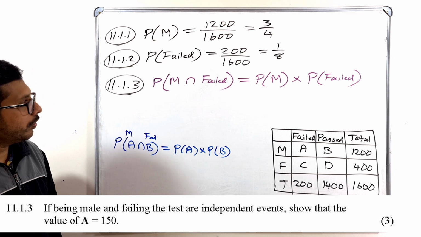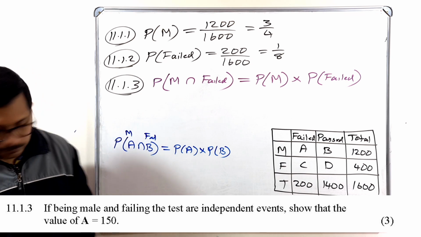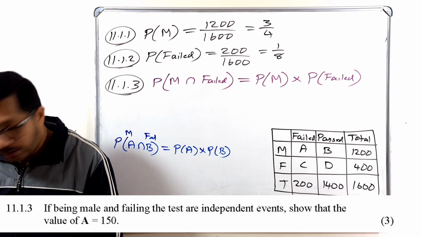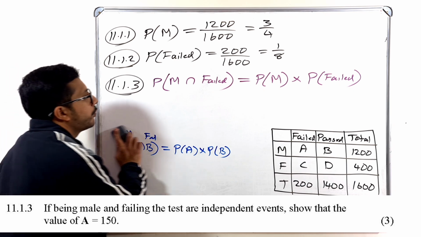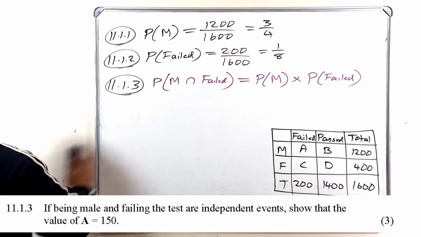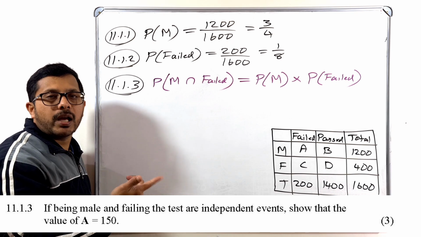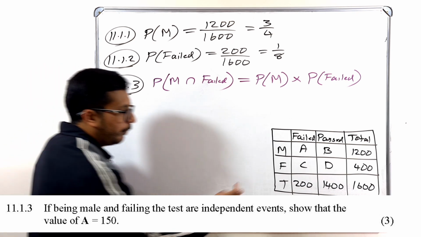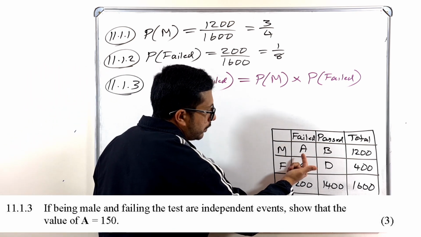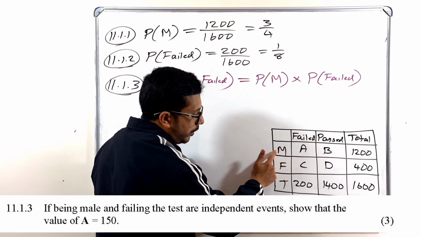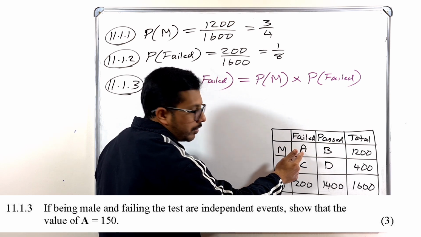You understand? Now let's check the meaning of probability of male intersection failed. Intersection means common, male and failed. That is A. Male is this one, failed is this one, that is A.